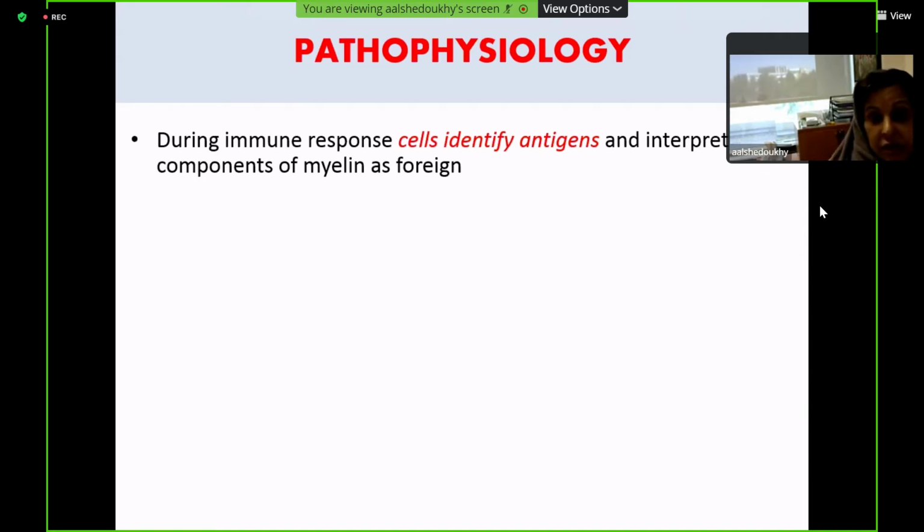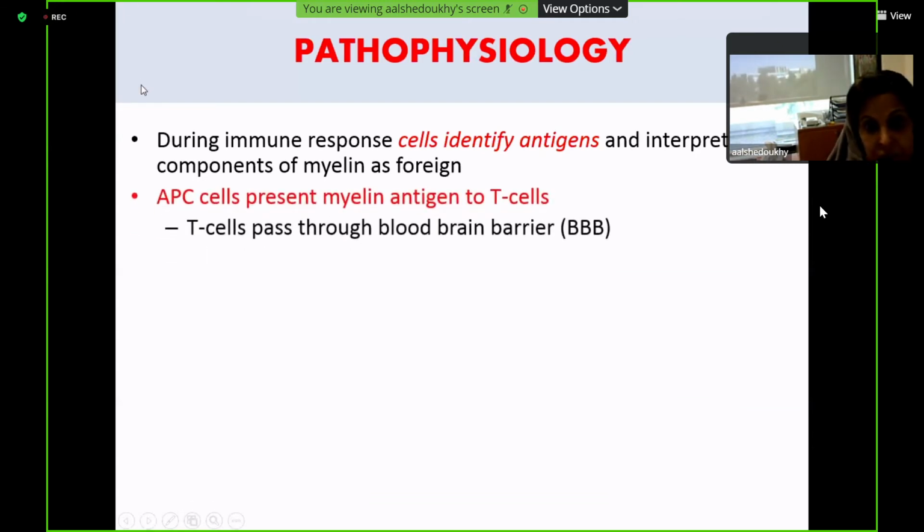Then the antigen-presenting cell will identify the antigen of the myelin sheath as a foreign antigen. So it will cross-react and label the myelin sheath protein as foreign antigen.